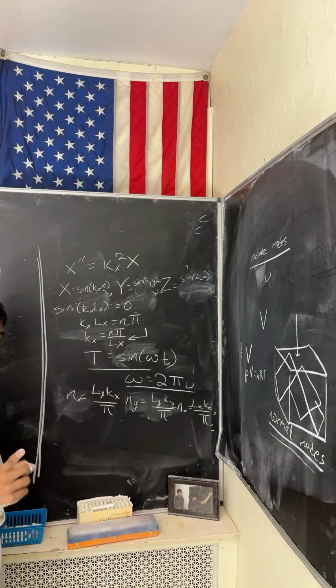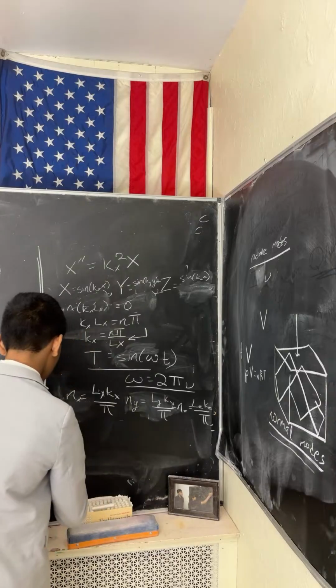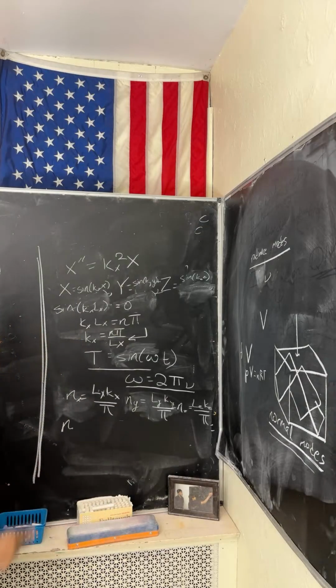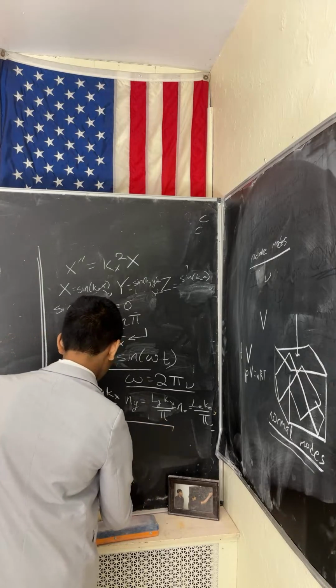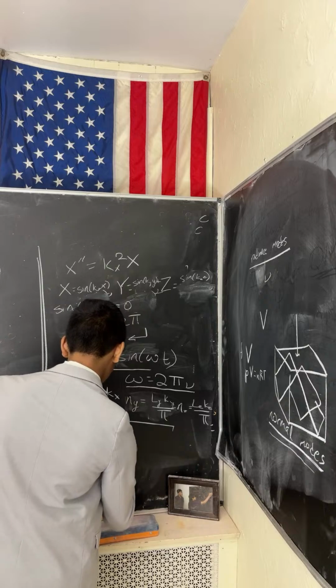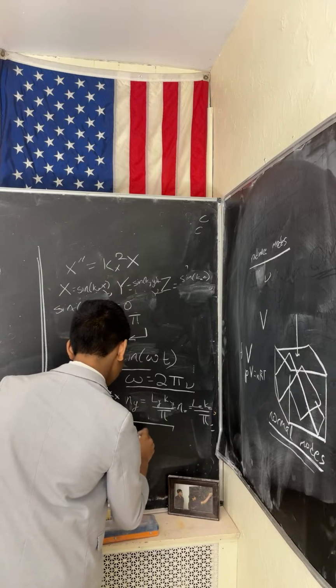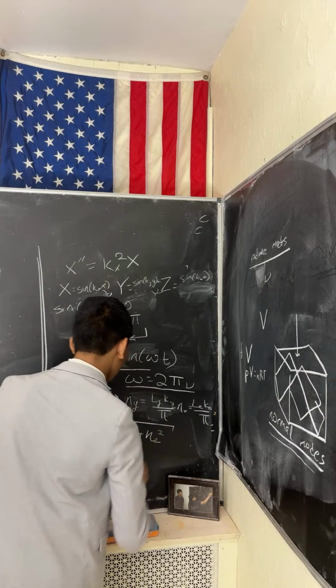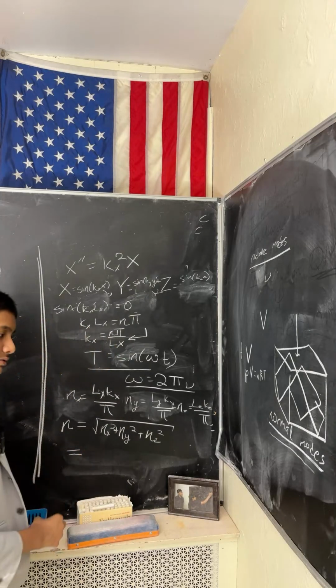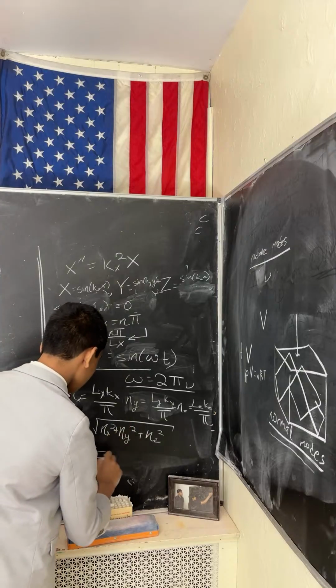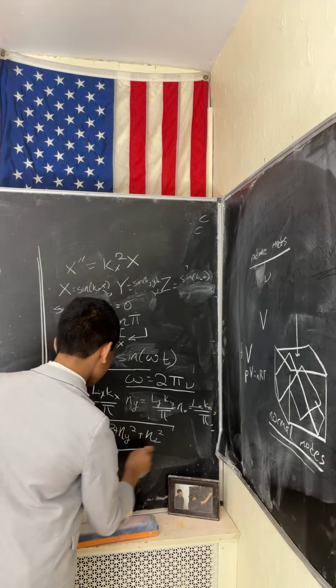And when we have those three, we can essentially combine them to get a single n. N is equal to the square root of nx squared plus ny squared plus nz squared. So, at the end, what you have to do is take the pi out and let the blood in.